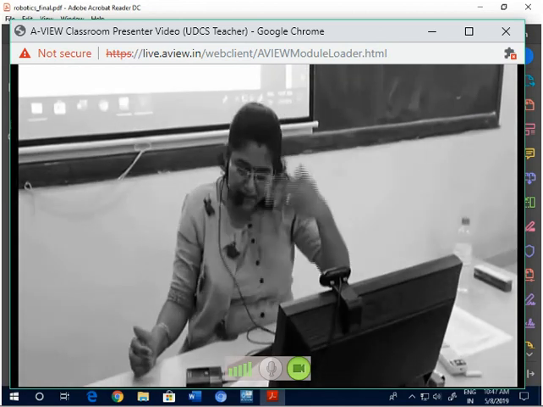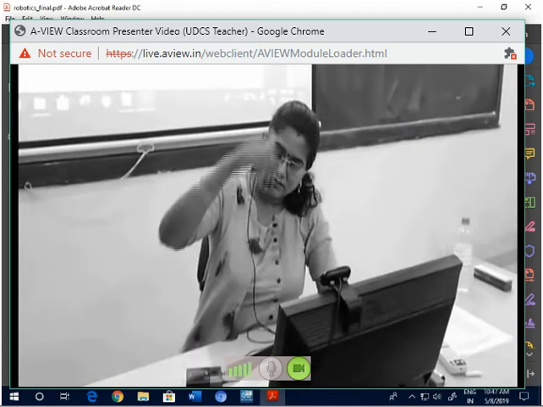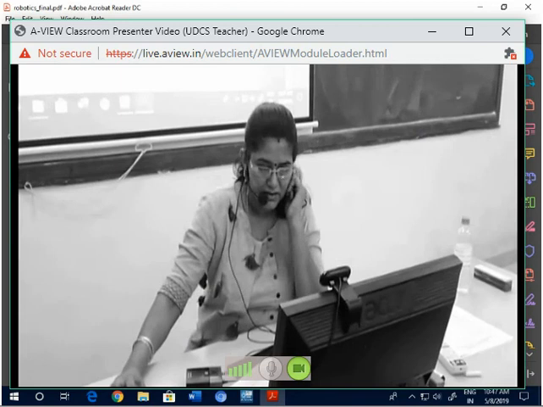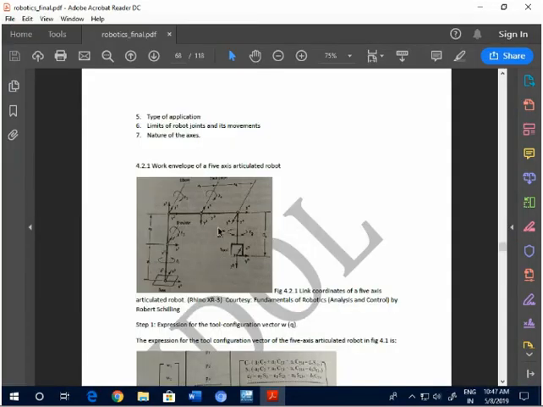Similarly, let us go back and see the joint. See here, the tool pitch angle, this angle, and I'm talking about this angle. The global elbow angle is given by Q2,3.